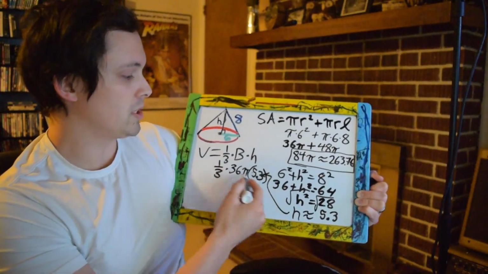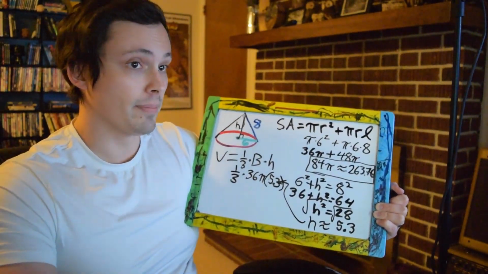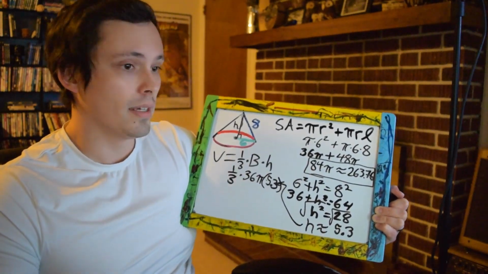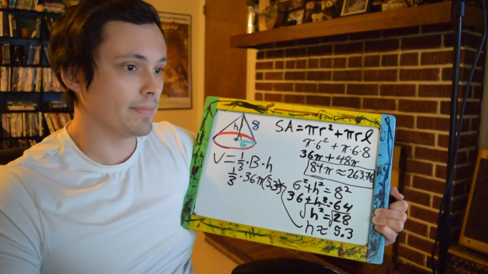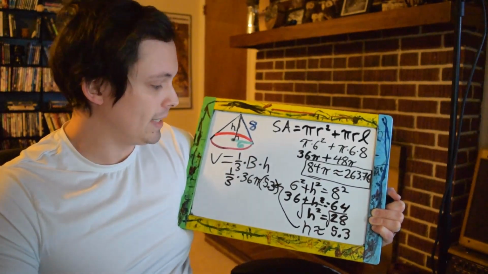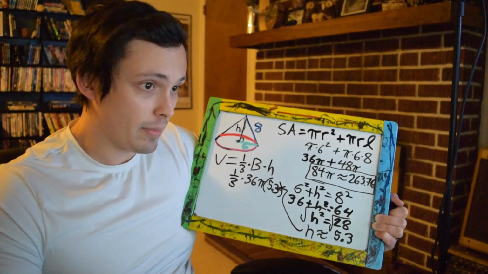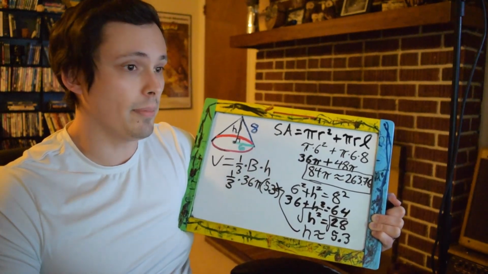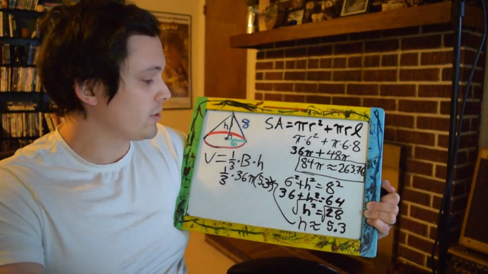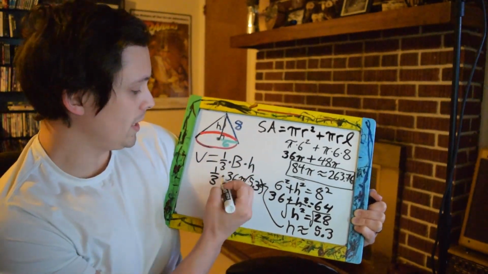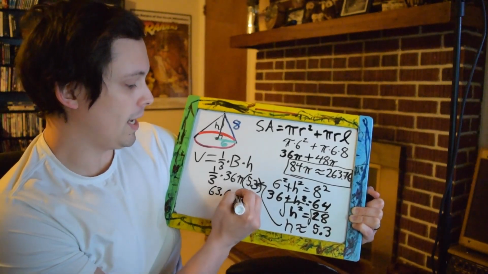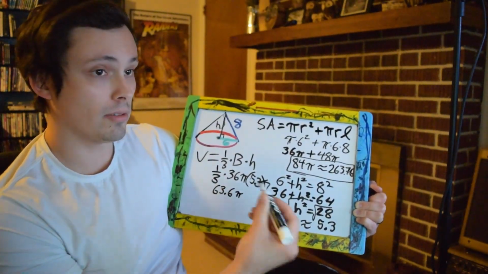So this is just a bunch of stuff I'm going to deal with on my calculator. I'm going to do 36 times 5.3, and that's about 190.8. Then I'm going to divide that by 3, or multiply it by 1/3. That gets me 63.6. Now there's also that pi in there, so this is 63.6 pi, but remember pi is about 3.14.